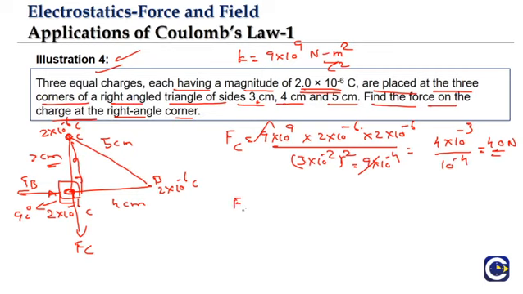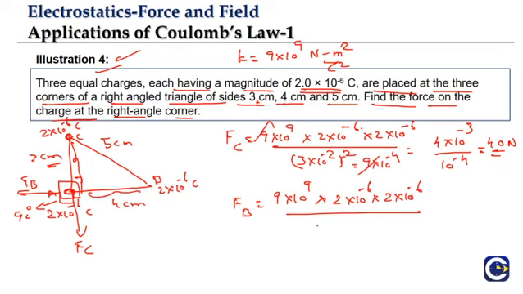And the force because of the charge at corner B will be K, 9 into 10 power 9, Q1 is 2 into 10 power minus 6, Q2 is 2 into 10 power minus 6, divided by the distance between these two, which is 4 cm, meaning 4 into 10 power minus 2, the whole square.